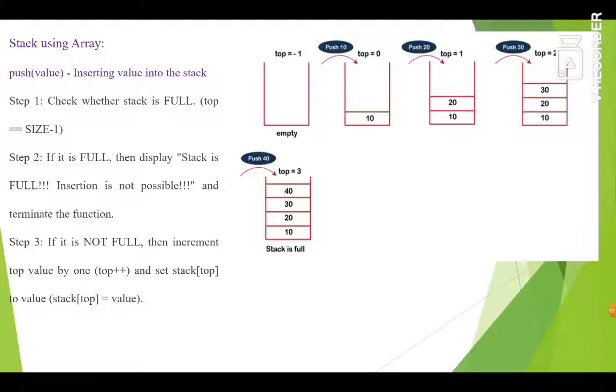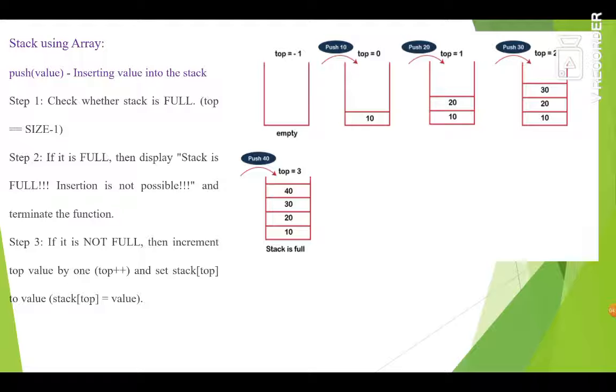You have to give the message and you can quit from the function. If the stack is not full, then you can perform insertion. For insertion, first you have to increment the top pointer. Then you have to set stack of top as the newly inserted value.